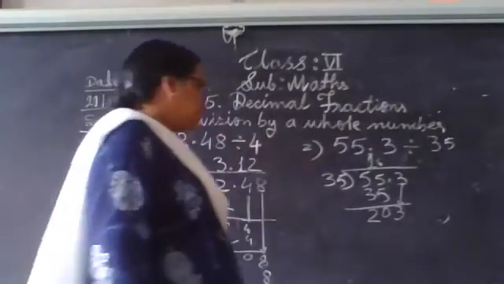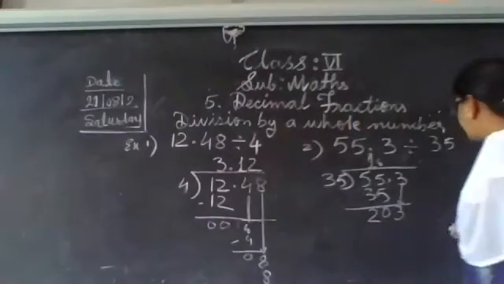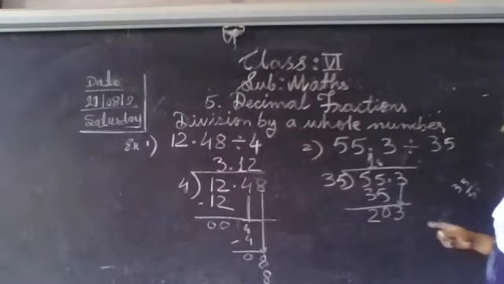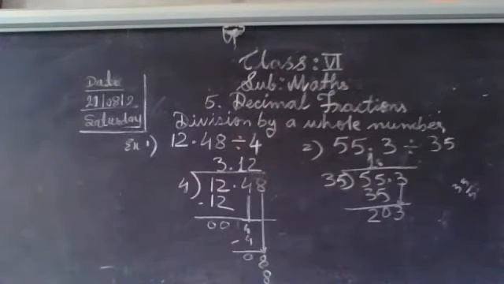So it becomes 203. So let's try 35 5s. 5 5s are 25, carry 2. 5 3s are 15 plus 2, 17. So it is 175.